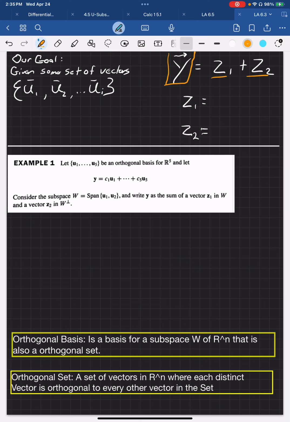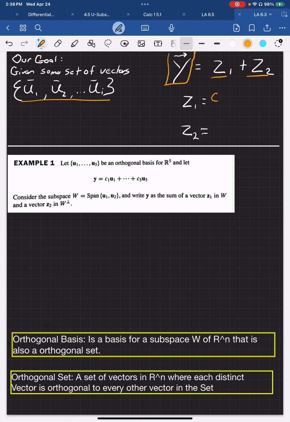Well, what do I mean here? We're going to say that z subscript 1 is going to be some, now when I say set of vectors, let's just give that a name. Let's call it the set of all vectors u. So in this case, z sub 1 is going to be a linear combination of some of the vectors in set u.